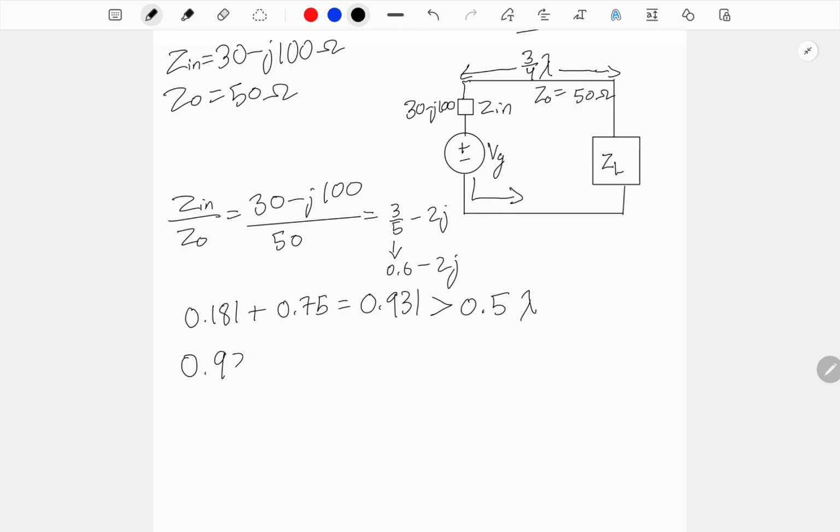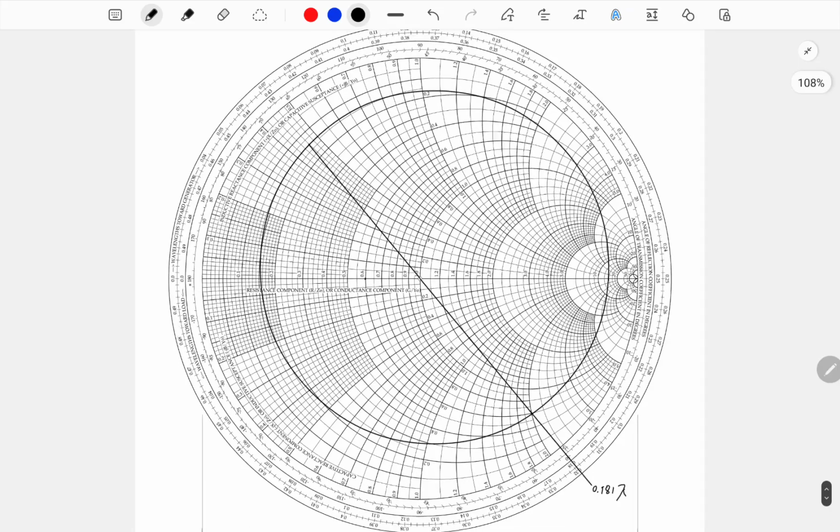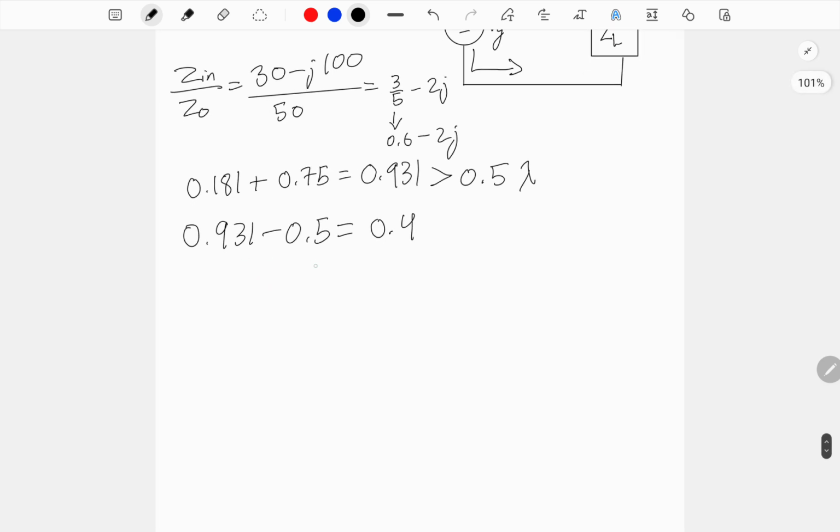Why? Because the highest value of lambda in this graph is 0.5, so it just loops around again. It's kind of like 360 degrees, like polar coordinates. You loop back to whatever point you were at. So you get 0.431.